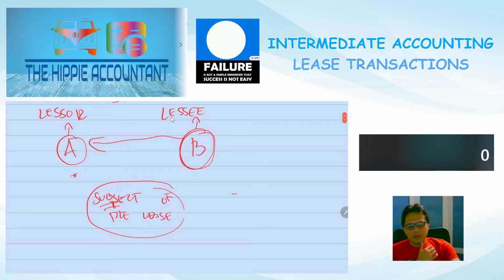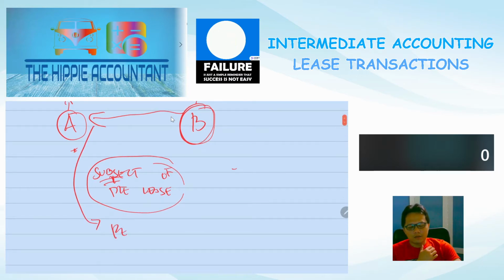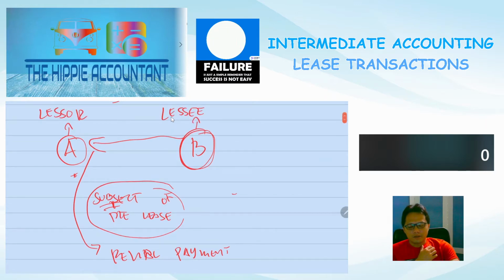Yung consideration na sinasabi natin dyan, typically, is yung tinatawag natin na rental payment. Si lessor ngayon, in exchange for that consideration which he will regularly receive, will allow B to use the subject of the lease. So, that is a lease transaction. Okay? In its simplest form.